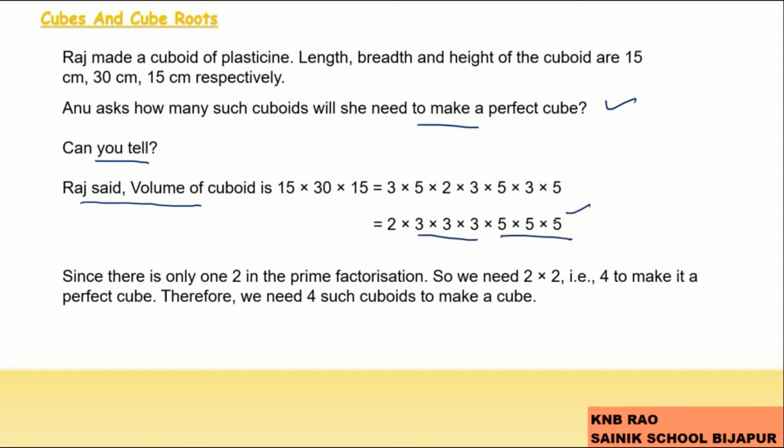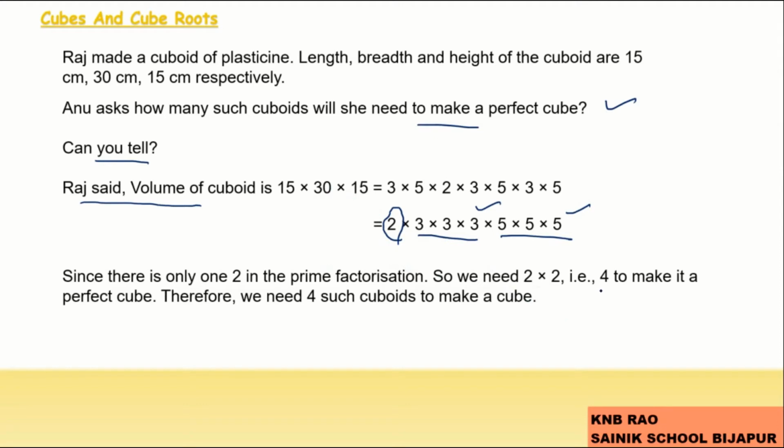having prime factor 5 as a triplet and having prime factor 3 as a triplet. Only one extra prime factor 2 which needs to be in a triplet form. To make it in a triplet form, we need 2 into 2 multiplied to this volume.